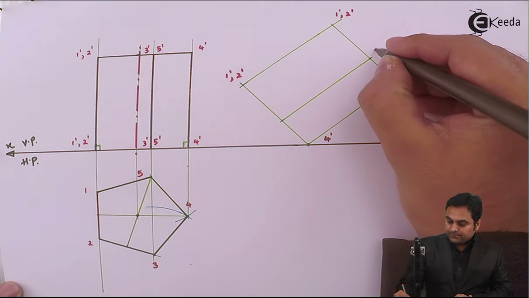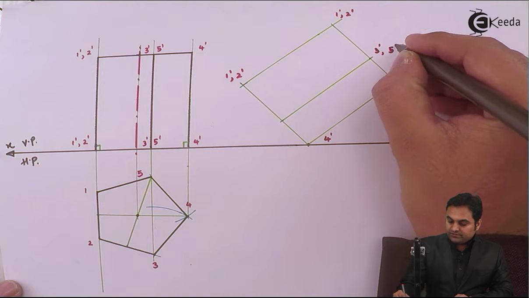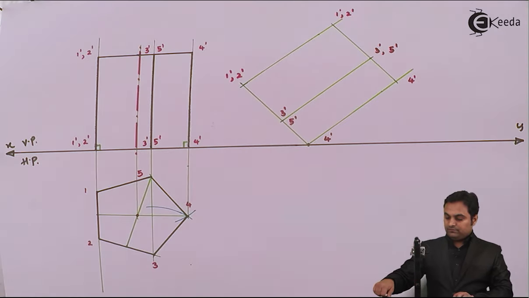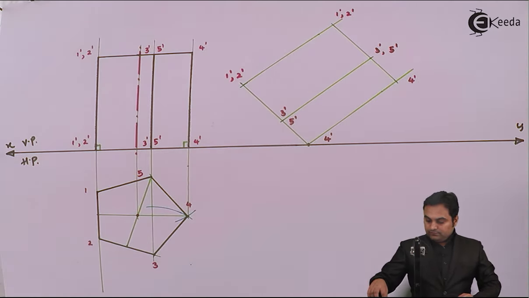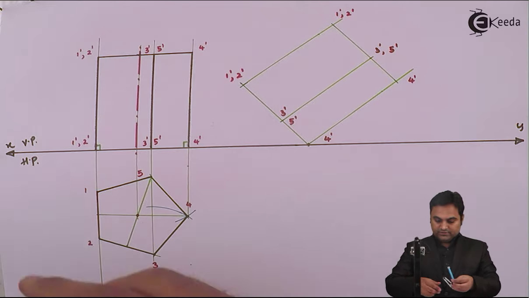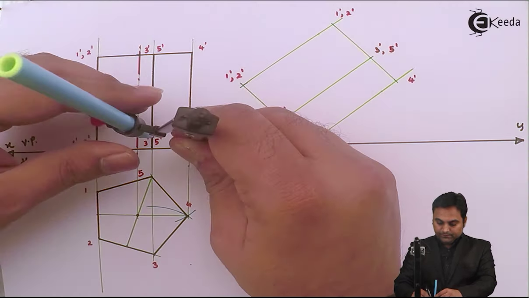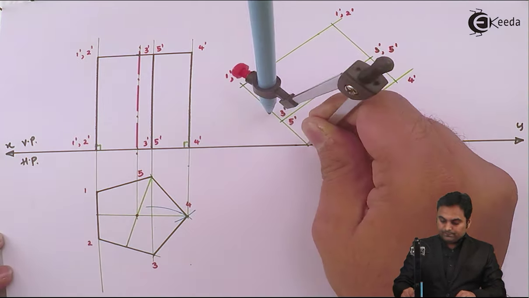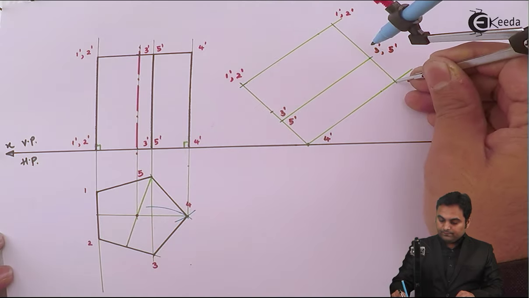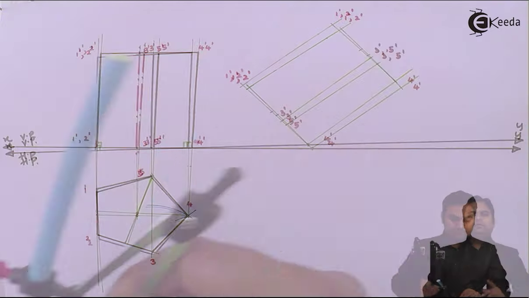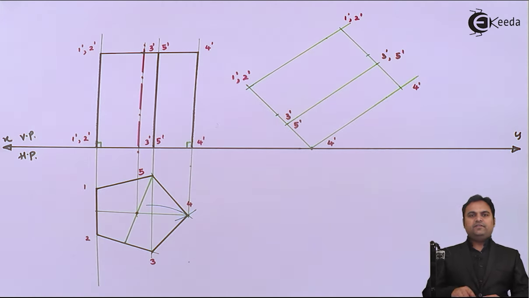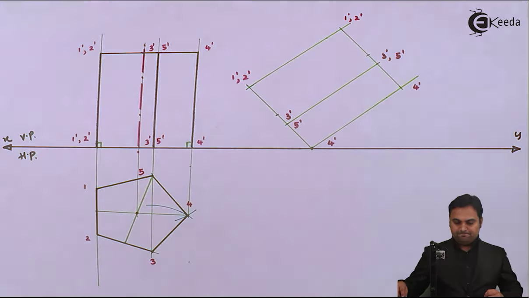It is 3 dash comma 5 dash, 3 dash, 5 dash. Next, I'll take the distance from point 4 up to the axis. Now, here I have made the pentagonal prism inclined and it is resting on one of its corners as mentioned in the question. I'll make it dark.